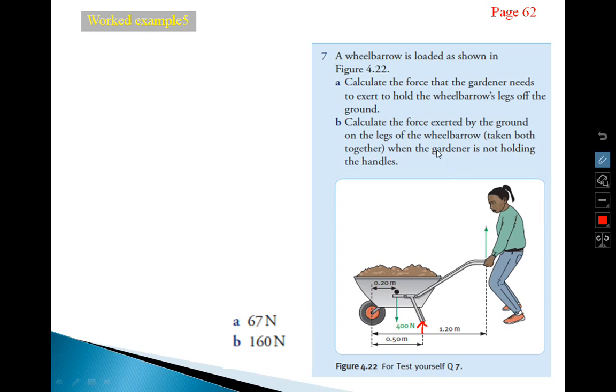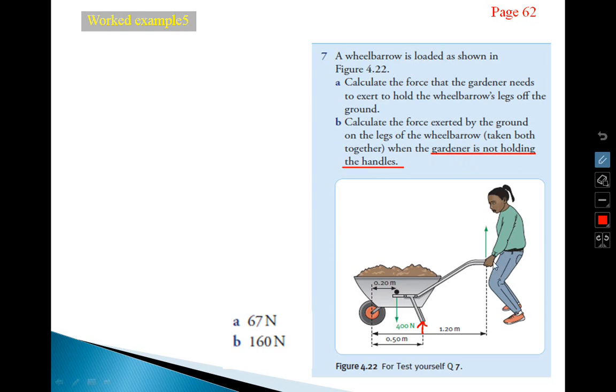The legs of the wheelbarrow taken both together, right and left one, when the gardener, it's very important, is not holding the handles.